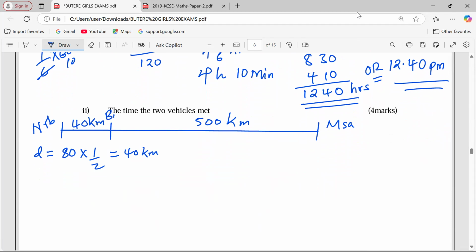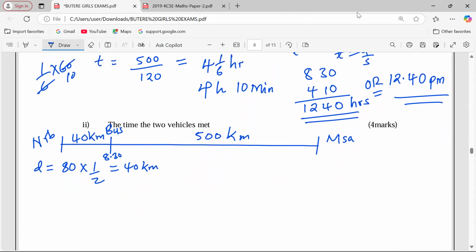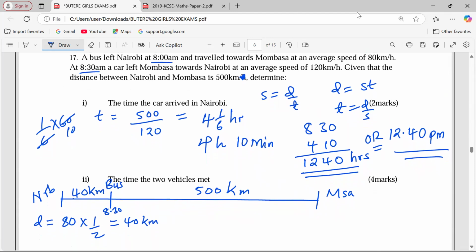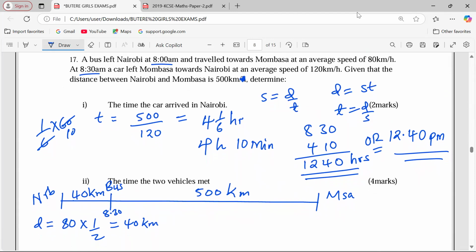So the bus is at this point, and we are at 8:30. The bus has already traveled for half an hour because it started its journey exactly at 8. So at 8:30, when the car wants to start, the bus has already covered 40 kilometers from Nairobi towards Mombasa, which means the distance now between the two is going to be 460.